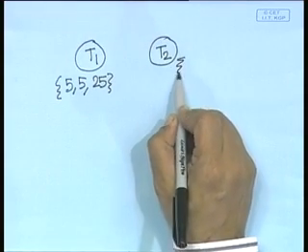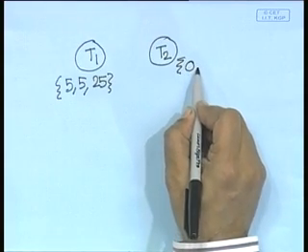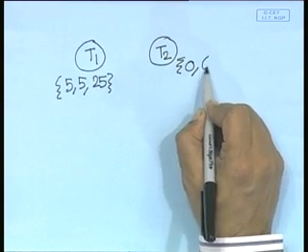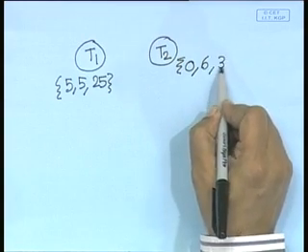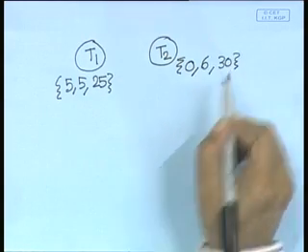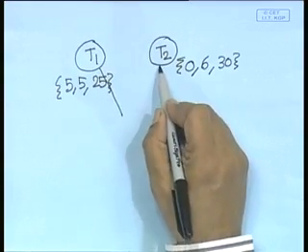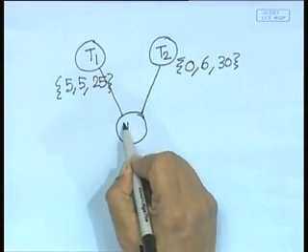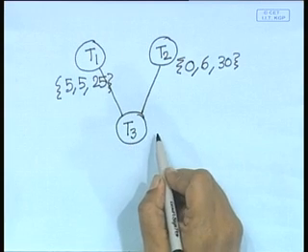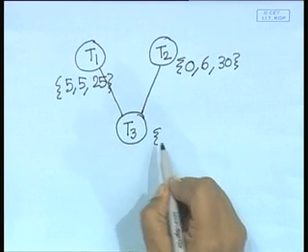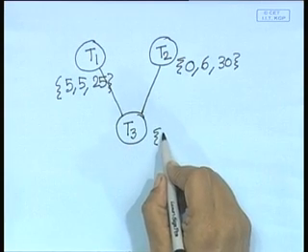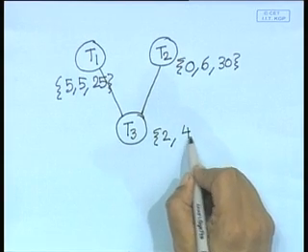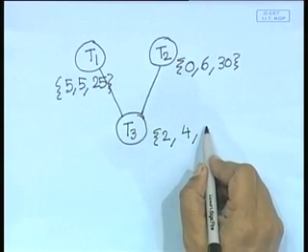For T2, let us say 0 is the phase and execution time is 6 and the deadline is 30, and the task T3 is dependent on both of these, and T3's parameters are phase is 2, execution time is 4 and deadline is let us say 50.